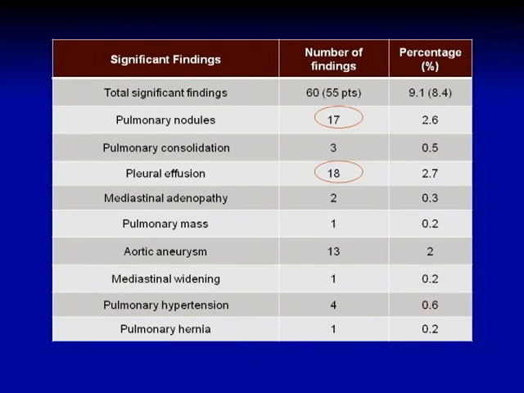Coming to the significant findings, 55 of our patients had 60 significant findings, comprising 8.4%. Of note, the pulmonary nodules and pleural effusion comprised the largest populations, and other significant findings being aortic aneurysm, pulmonary consolidation, mediastinal adenopathy, mediastinal widening, a few cases of pulmonary hypertension and herniation.